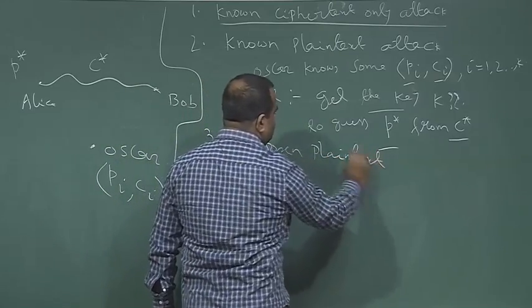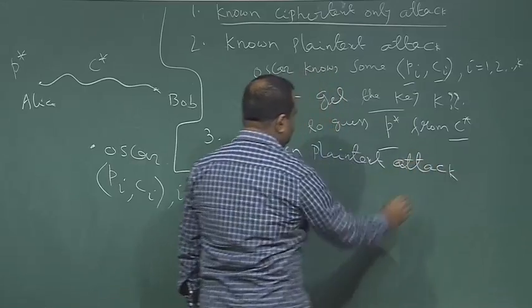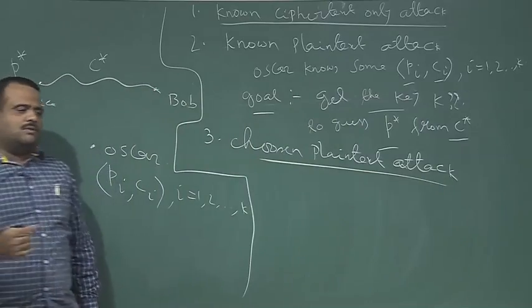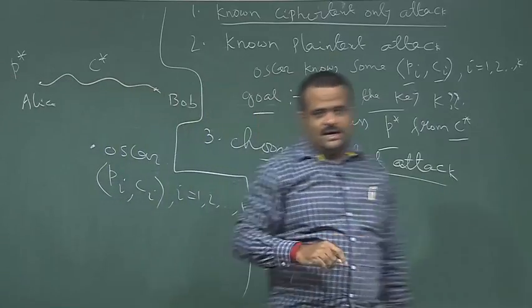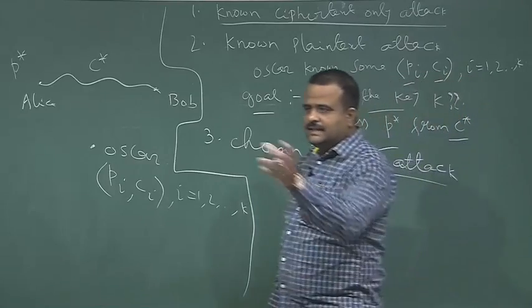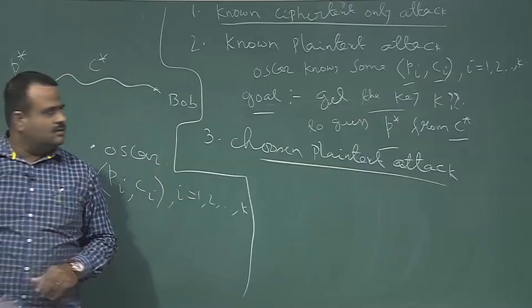Chosen plaintext attack. Here we are giving a little more power to the adversary Oscar, in the sense that the adversary can choose the plaintext and get the corresponding ciphertext without knowing the key.